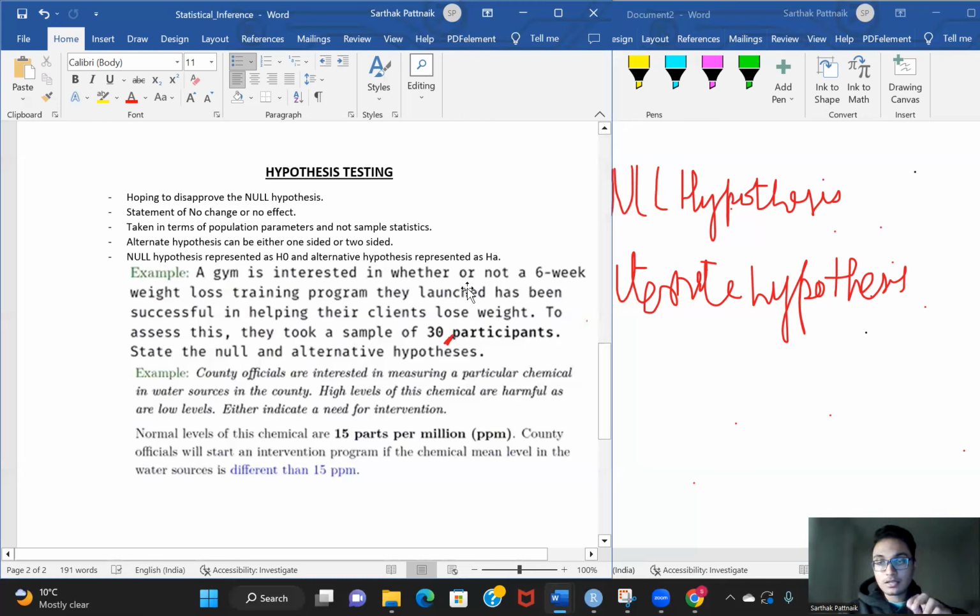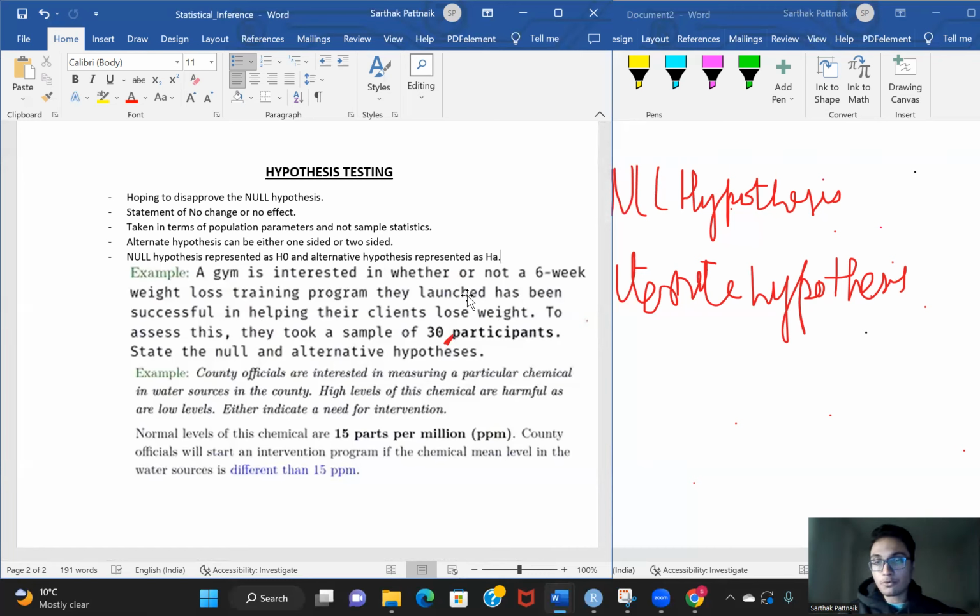First things first, as I mentioned, the null hypothesis deals with the condition of no change. So let us suppose that we have 30 participants here.